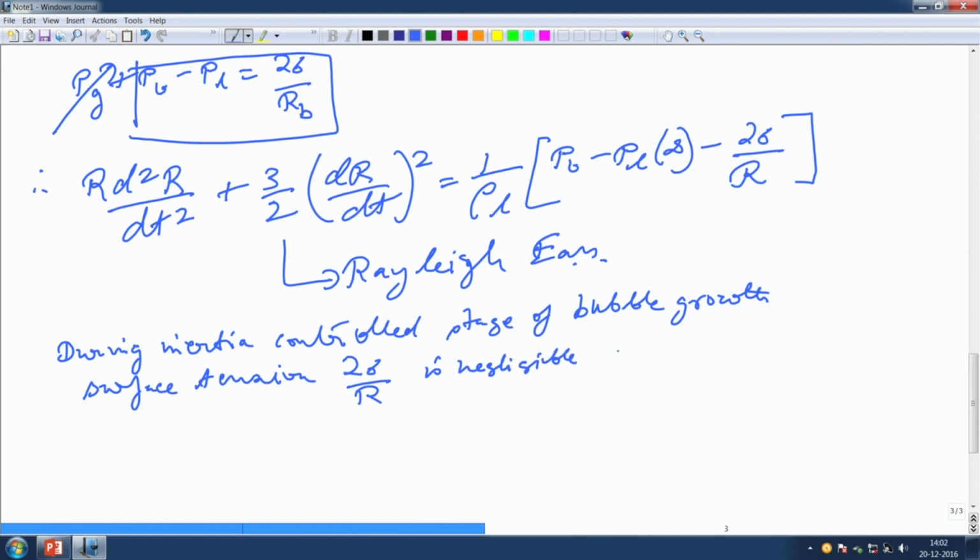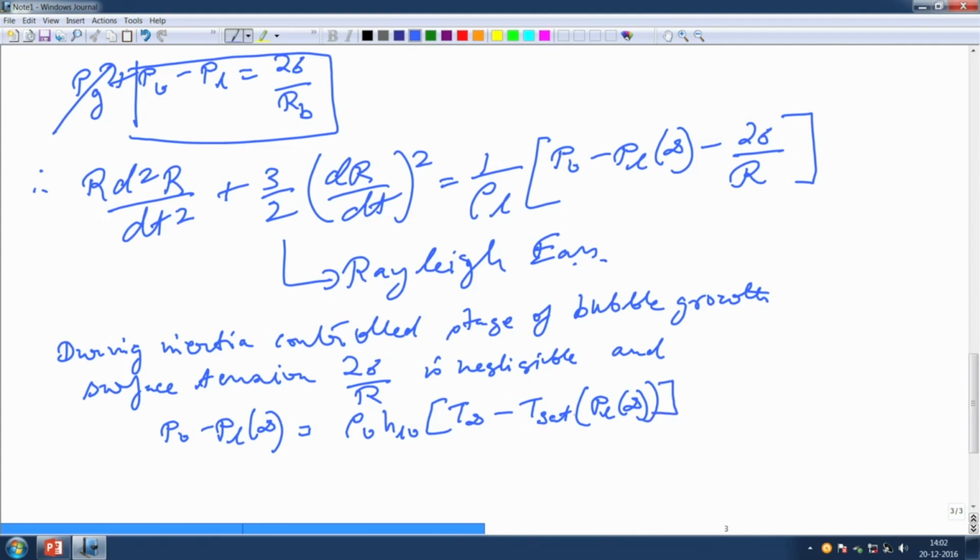And PV minus PL infinity is given as rho v HLV times (T infinity minus T sat) over T sat. That is the expression.